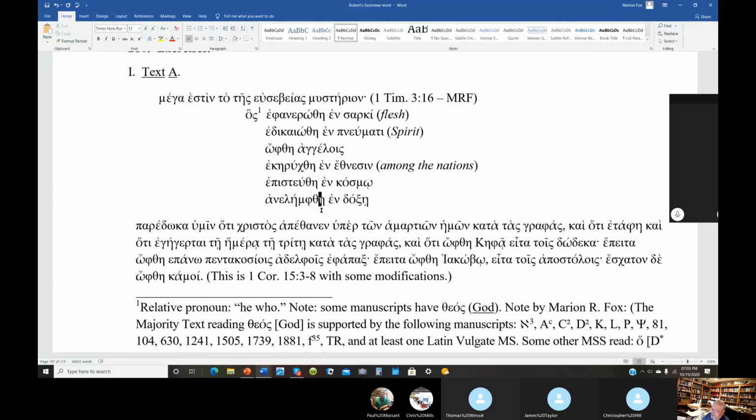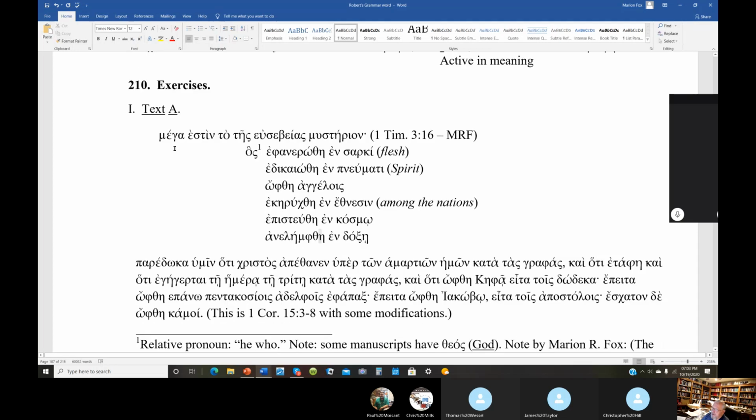Now, the thought by some of the writers, so-called scholars, is that this is an early hymn of the church that they sang, and that this goes through all of the aspects of Jesus. That's entirely possible. One of the reasons they think it is because it's poetic.